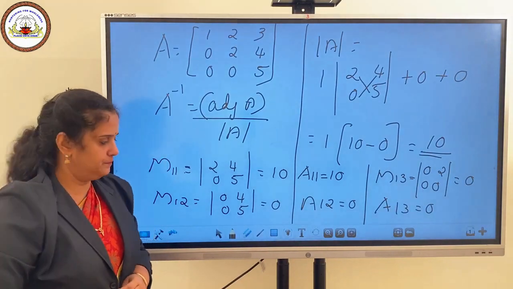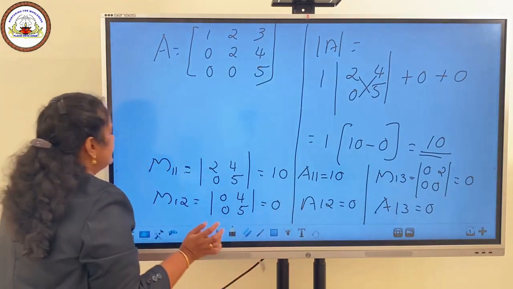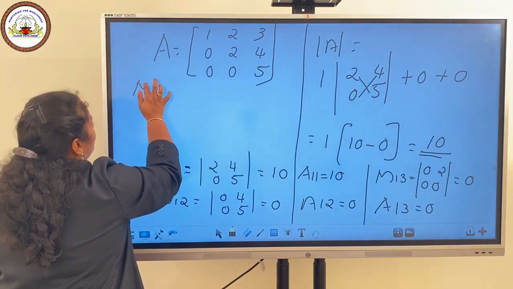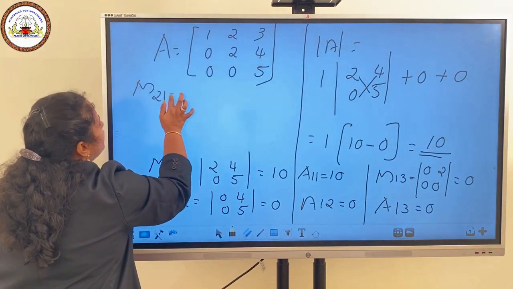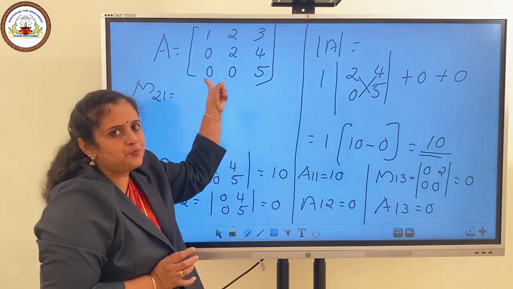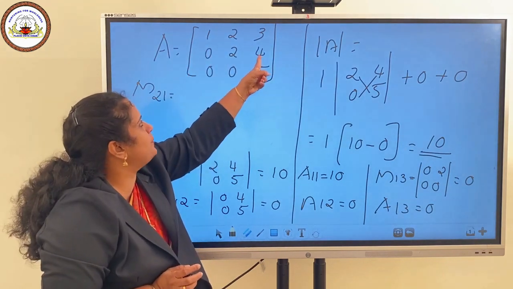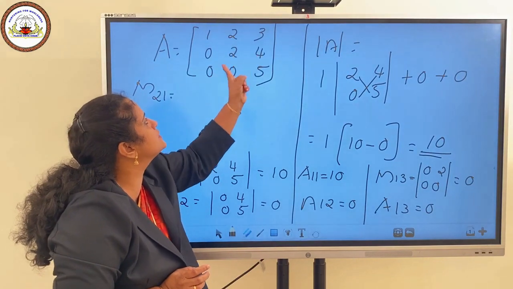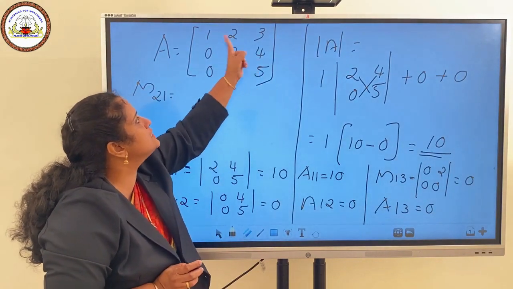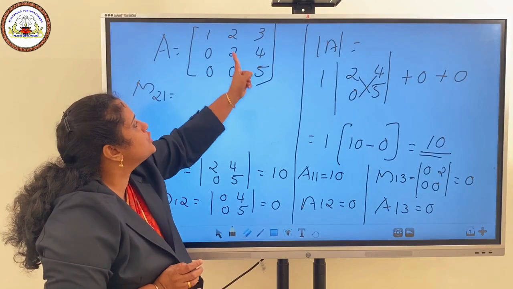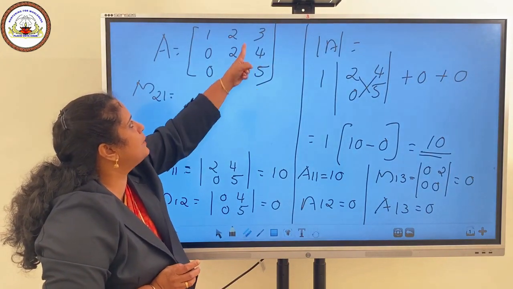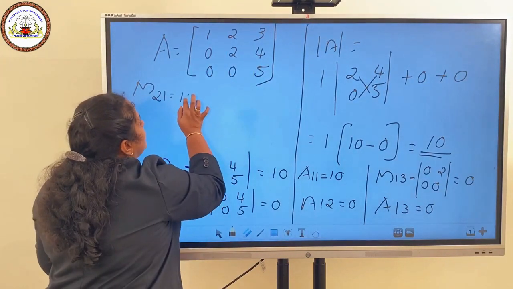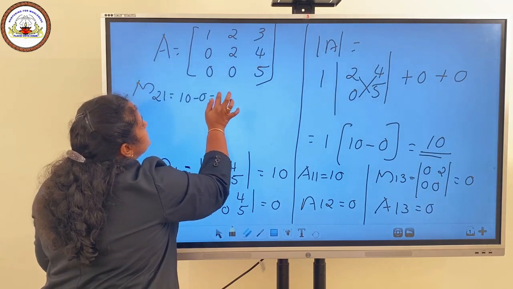That is M21, the corresponding rows and columns you should eliminate. The remaining elements you should write in the determinant form 2, 3, 0, 5. 2 into 5, 10, minus 0, the answer is 10.